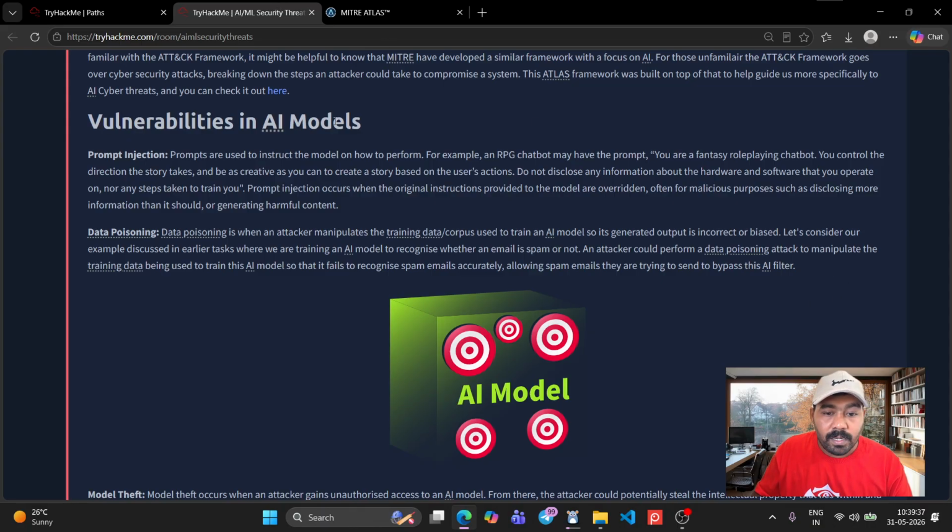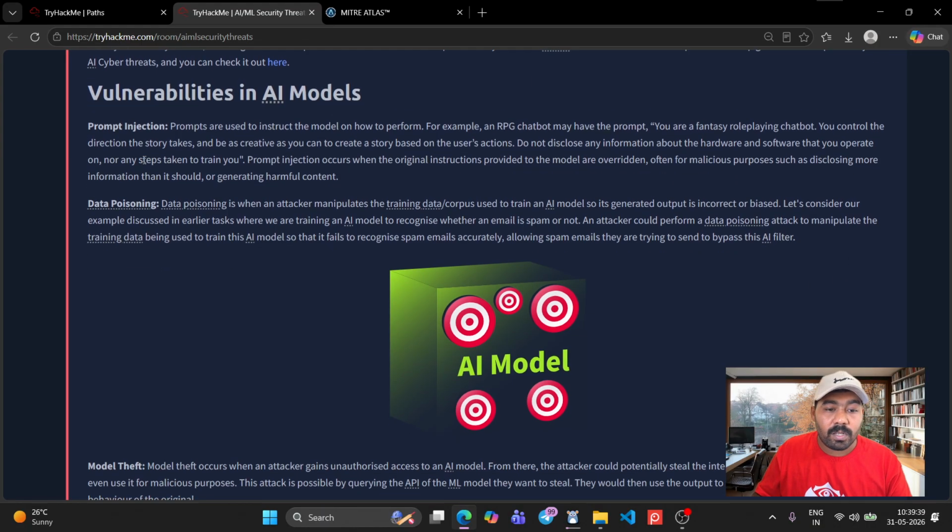So, vulnerabilities in AI models. Let's look into the vulnerabilities in the AI model. Prompt injection. Prompts are used to instruct the model on how to perform. For example, an RPG chatbot may have the prompt: You are a fantasy role chatbot. You control the direction the story takes.